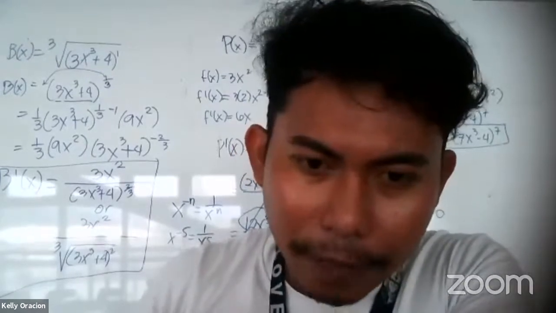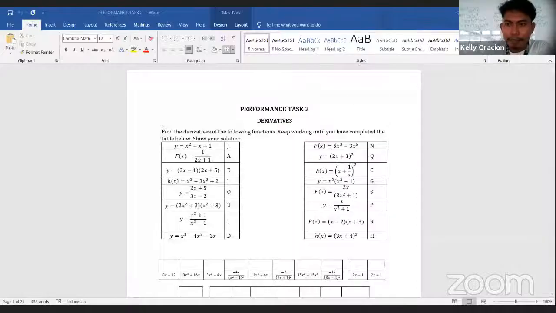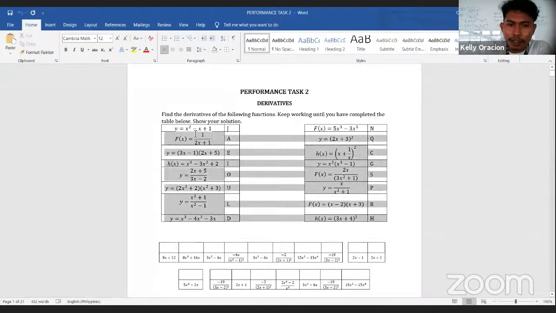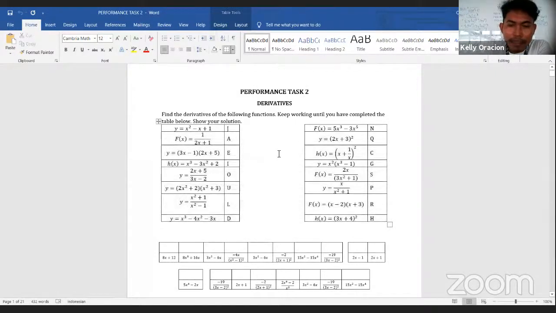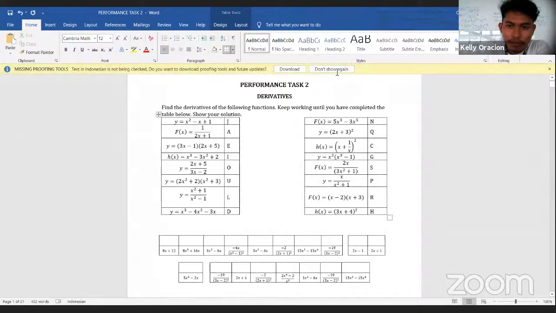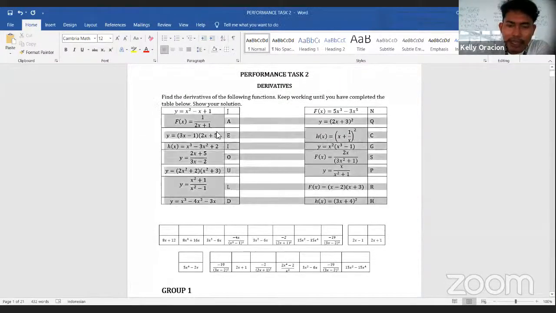And with regards to your PT, please listen. So there are 16 functions, and each function, there is a corresponding letter. Ang sira nyo tanan, you are required to answer all of these 16 letters. Required siya ang sirang tanan. Answeran ha, kahit tanan.